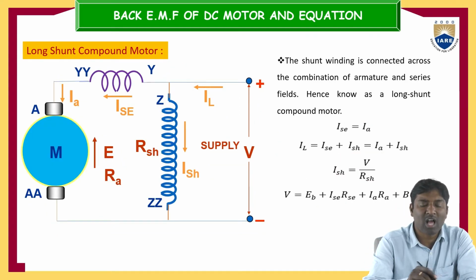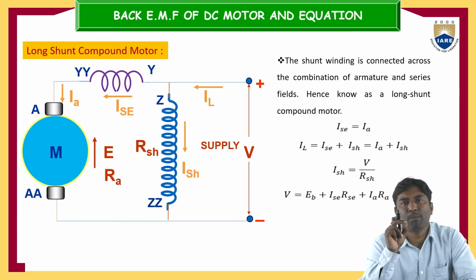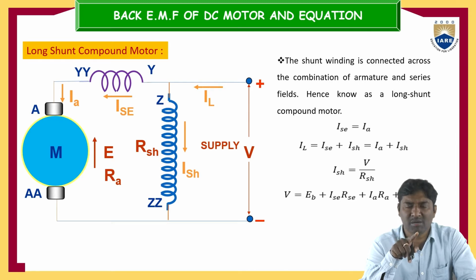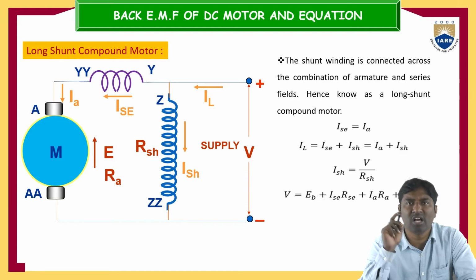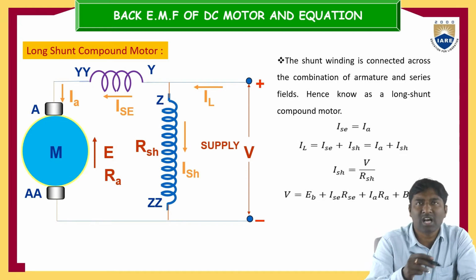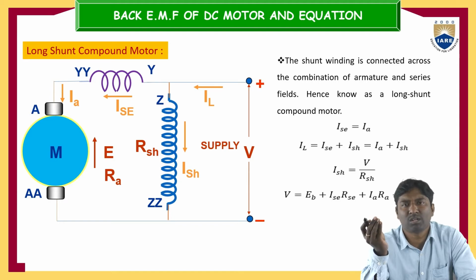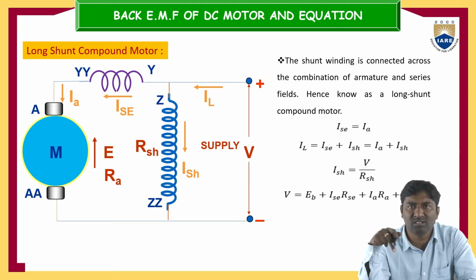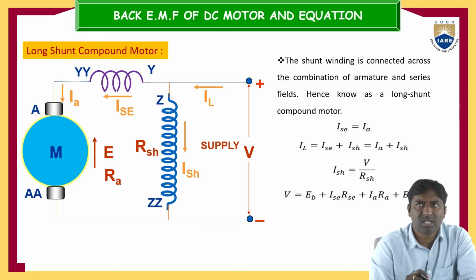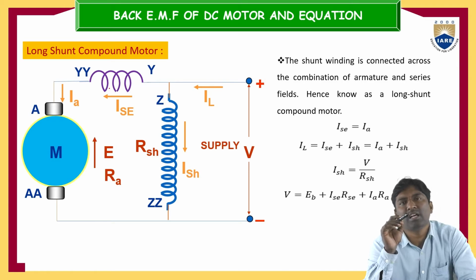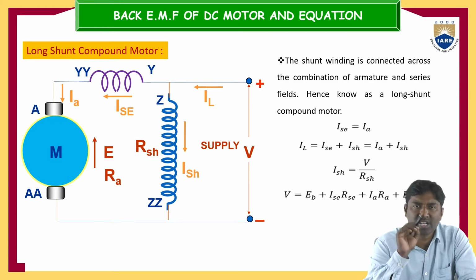Next is the long shunt compound motor, because the compound motor is classified into two types: one is the short shunt compound motor, another is the long shunt compound motor, according to the classification of the motors. Okay. So all of these, the series motor, shunt motor and compound motor, are self-excited DC motors only. Now, the long shunt compound motor. In the case of the long shunt compound motor, again I have the series field winding and the shunt field winding.